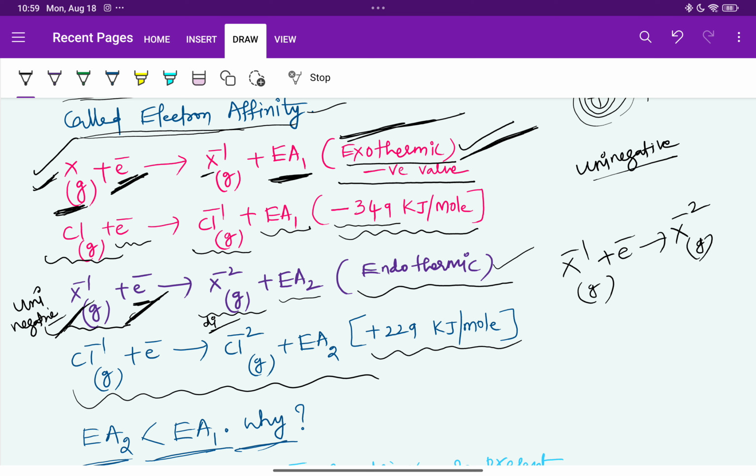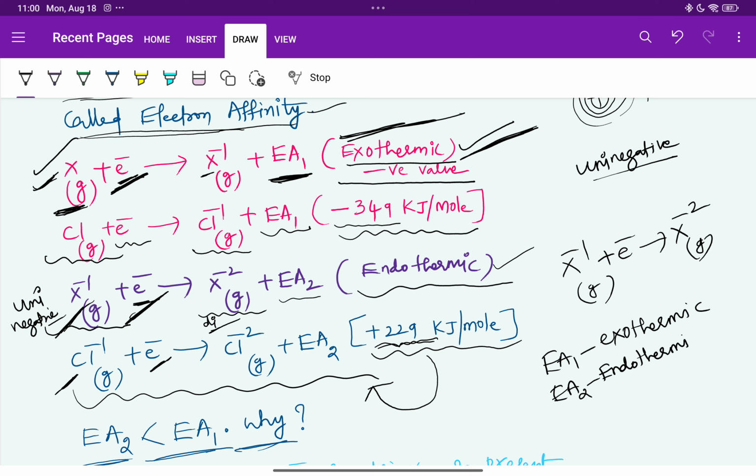Here I need to add one electron to the Cl minus 1 ion, but the energy I am showing here is plus 229. It means I need to supply energy in this process. So second electron affinity is always endothermic. You can write EA1 is exothermic, EA2 is endothermic. In EA1 energy is released; in EA2 you need to supply energy.